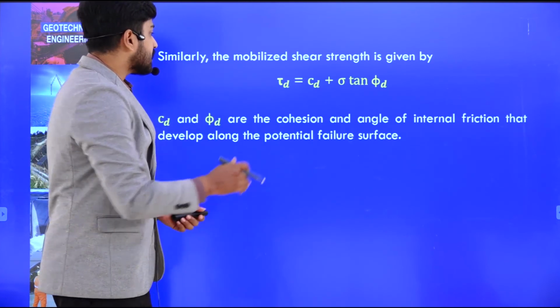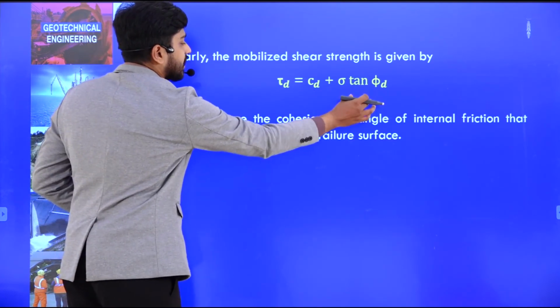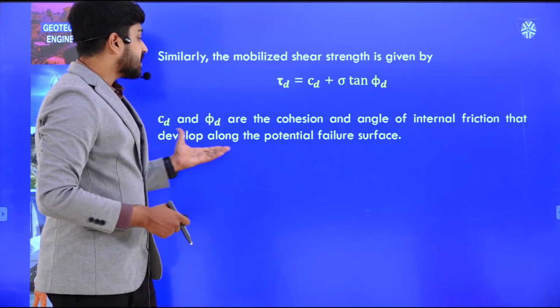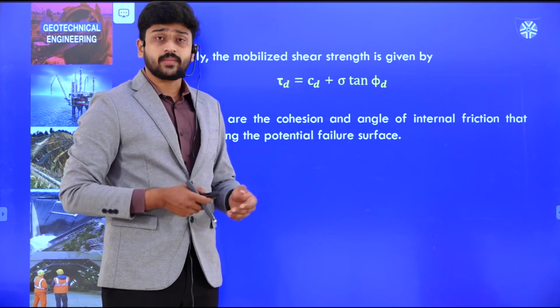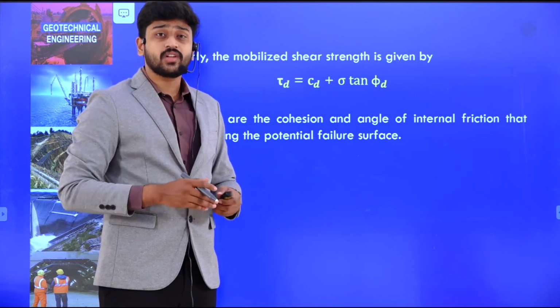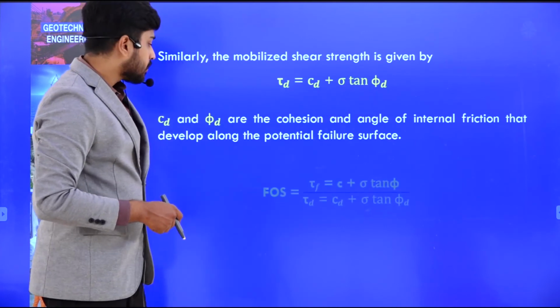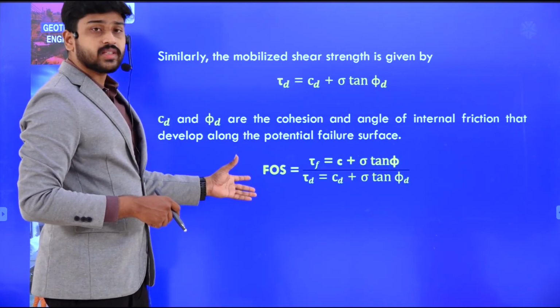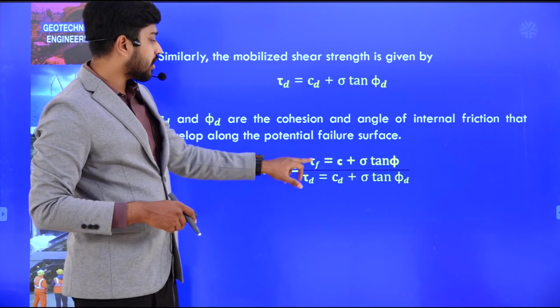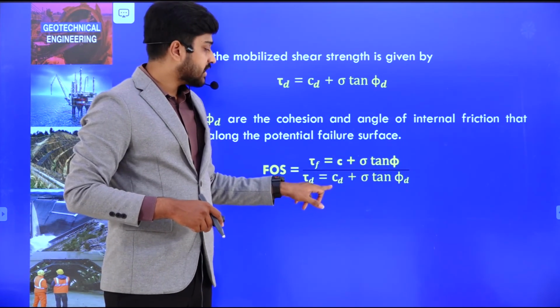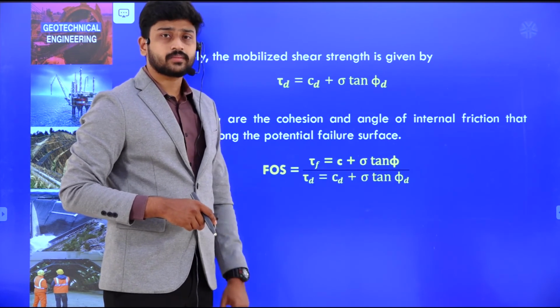Here C d and phi d are the cohesion and the internal friction developed along the failure plane. So simply, by substituting, the factor of safety can be represented by tau f by tau d, or simply C plus sigma tan phi by C d plus sigma tan phi d.